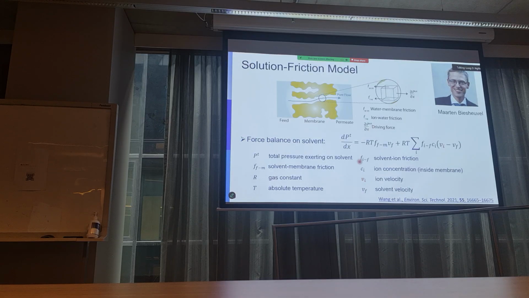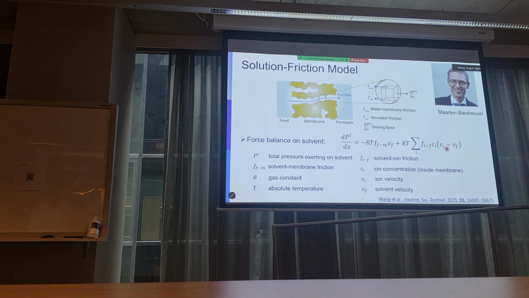And when you derive this equation for the force balance, you will have the component of the friction of the fluid, water, with the membrane, F_m, multiplied by the velocity. This will be the pressure drop inside the membrane, plus another friction that is formed by the difference in velocity between the water and the ions.